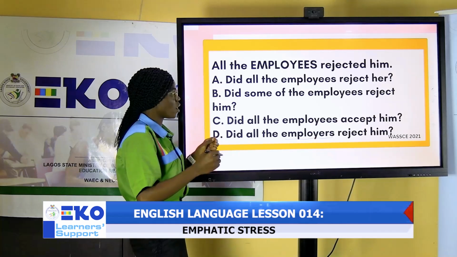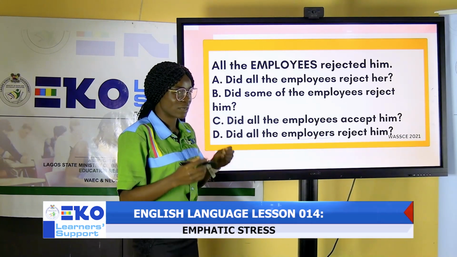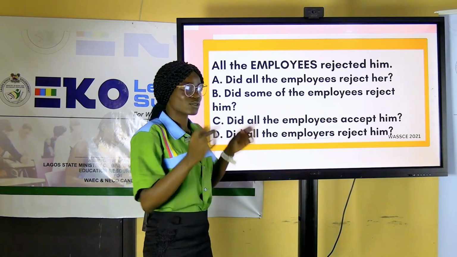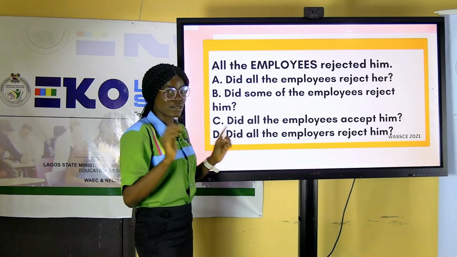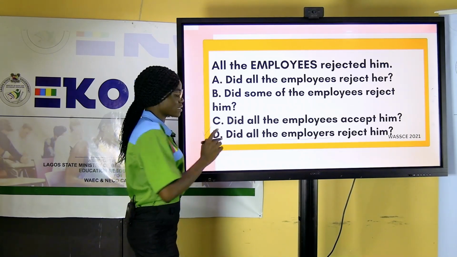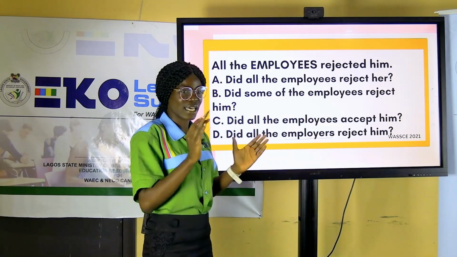Did you say the employers or the employee? No, I said the employees, not the employer. So the emphasis is on employees and not employer, which means that this is the correct answer because it contradicts what the speaker is laying emphasis on.